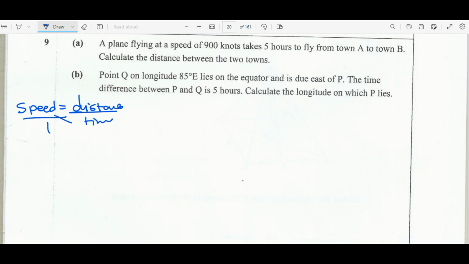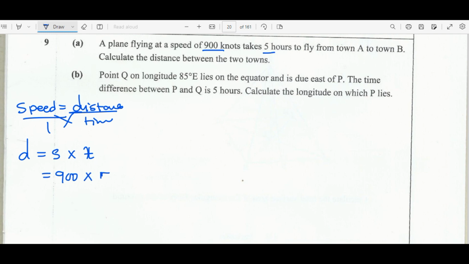If we want to make distance the subject of the formula, we need to multiply speed times time. So the speed is given, 900 knots, multiplied by the time, which is 5 hours.